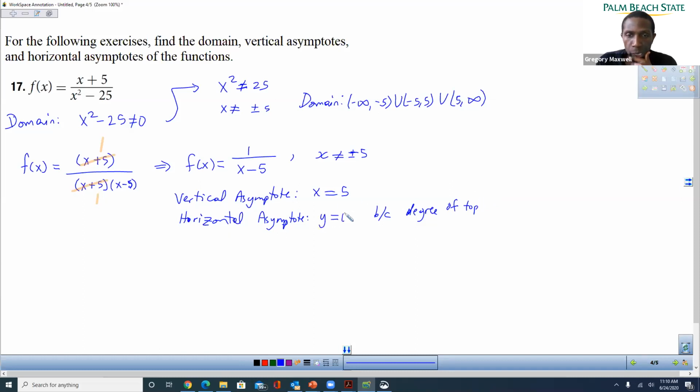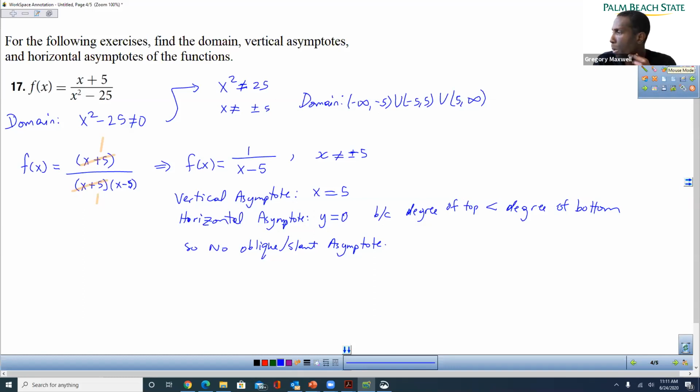Y equals 0, the x-axis. And of course, if there is a horizontal asymptote, then there is no oblique asymptote. All right, good. So that's that.